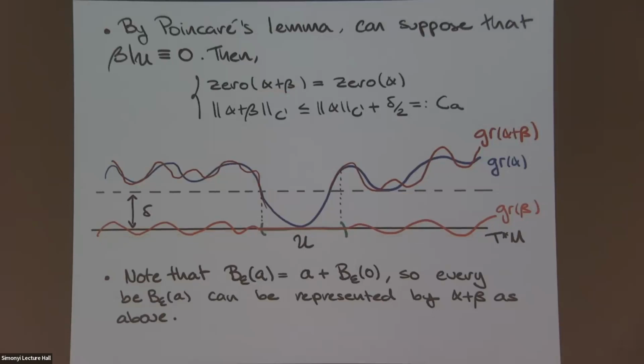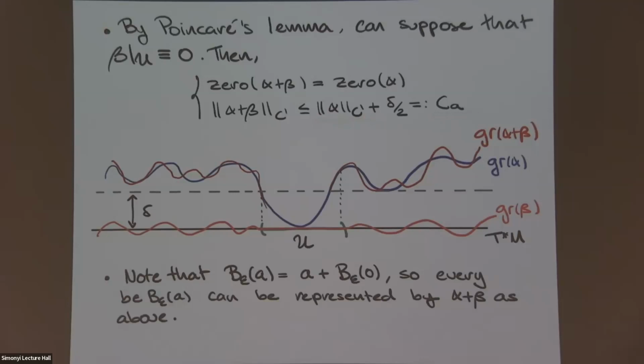So alpha plus beta is going to have the same zero set, and its C1 norm is only going to depend on the C1 norm of alpha plus delta over 2, which is the delta that basically only depends on alpha, and alpha is fixed here. So we can call the C1 norm plus delta over 2 just some C_A here.